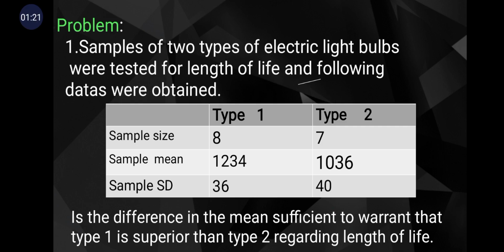Sample mean of type 1 is 1234 hours, sample mean of type 2 is 1036 hours. The sample standard deviation of type 1 is 36, and the sample standard deviation of type 2 is 40. Is the difference in the means sufficient to warrant that type 1 is superior to type 2 regarding length of life? This is my problem.